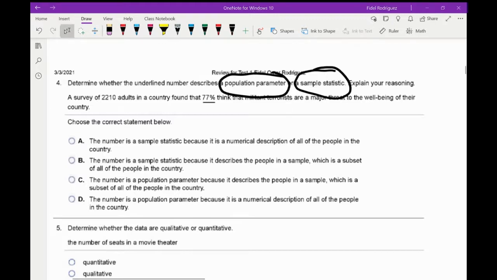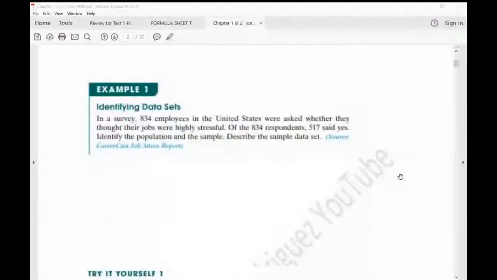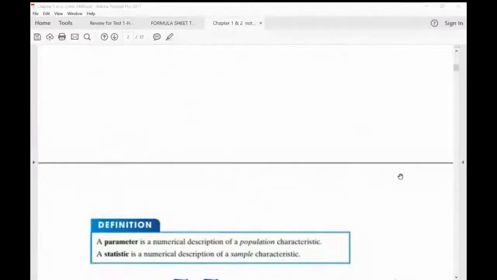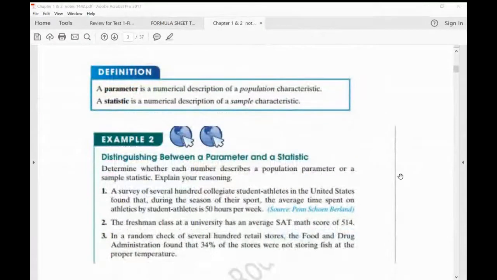Okay, so I'm going to do the same thing I did before. I'm going to stop sharing this piece here and I'm going to come back and pull up the notes that we had again. Okay, so now I'm going to just scroll a little bit more. So here are my definitions of parameters and here are my definitions of statistics.